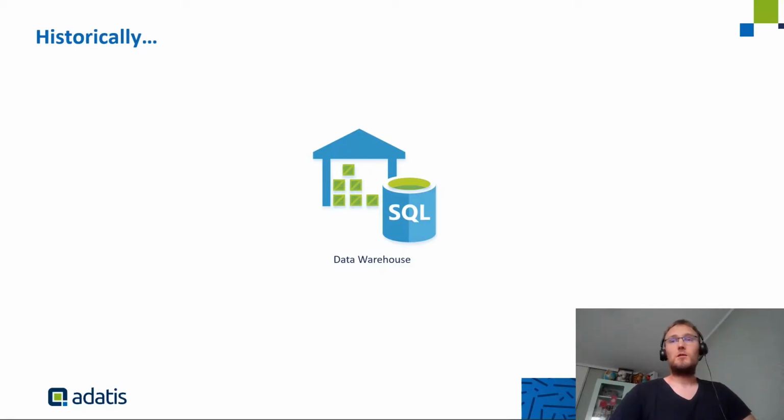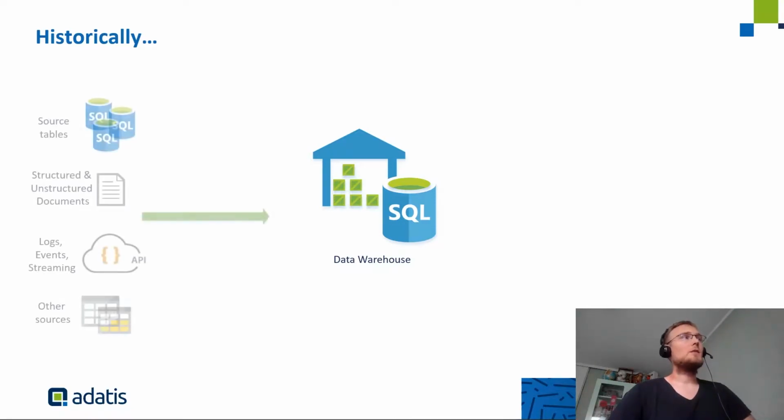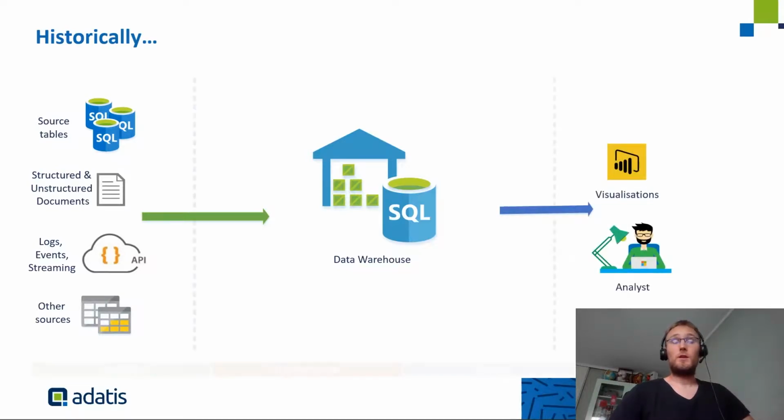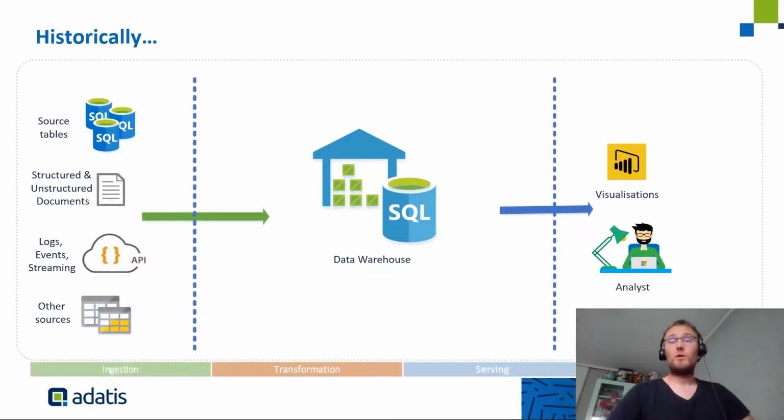Mostly, they were relational database management systems like SQL Server. And that means that we could load many different sources, structured, unstructured, even high concurrent events, directly to the data warehouse. And it was in the data warehouse where the data was transformed and merged with the historical data, and later on served to analysts for visualizations and reporting purposes.